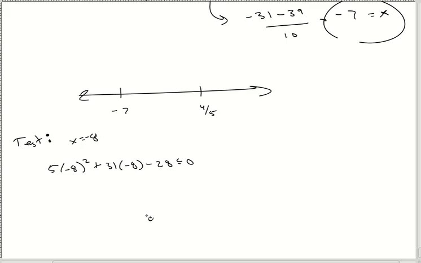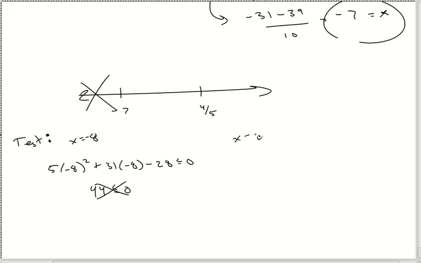What I get is, calculator, 5 times negative 8 squared, and I got 44. Is 44 less than or equal to 0? No.